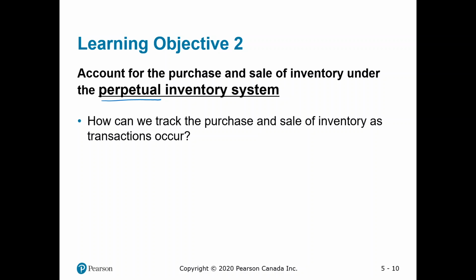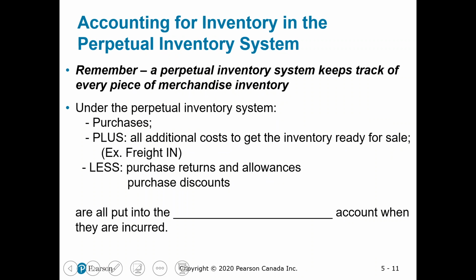And everything that there is to know in the chapter about perpetual will go through that, whereas periodic, there will only be a couple of things that I'll go through in the videos that you'll be responsible for. Okay, so the perpetual system, as just a reminder, this system keeps track of every piece of merchandise inventory.